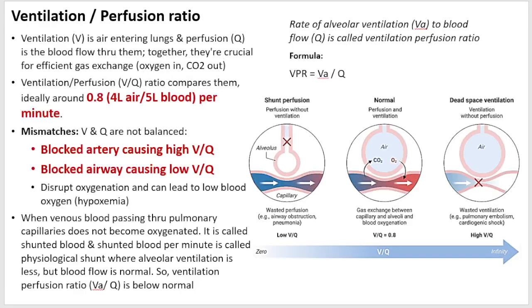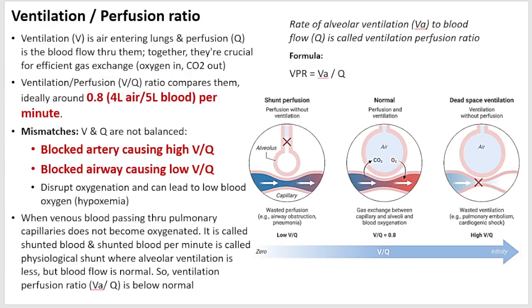High VQ, also called dead space ventilation, happens when ventilation occurs but perfusion is absent. Now in the pulmonary capillaries, blood circulation is less, for example, in pulmonary embolism, severe hypotension, cardiogenic shock. Air reaches alveoli, but no blood is available for exchange. This is wasted ventilation.